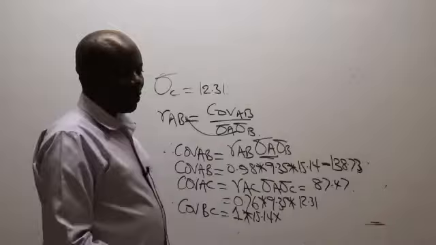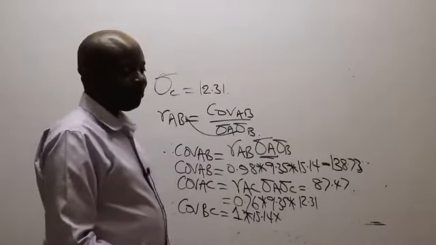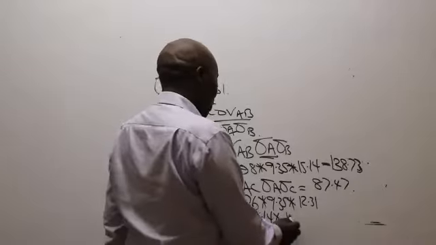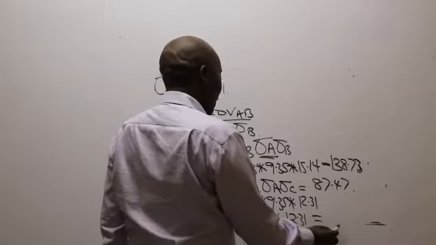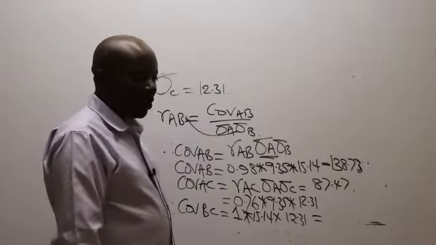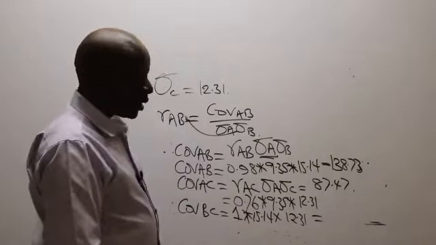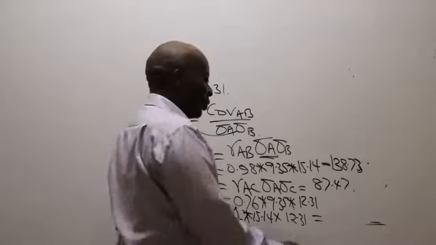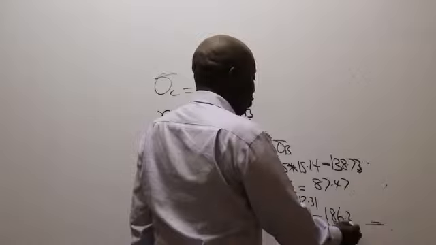What is the standard deviation of C, somebody? 12.31. Thank you so much. So ultimately, what shall we get as the covariance of B and C? 186.37. Thank you.